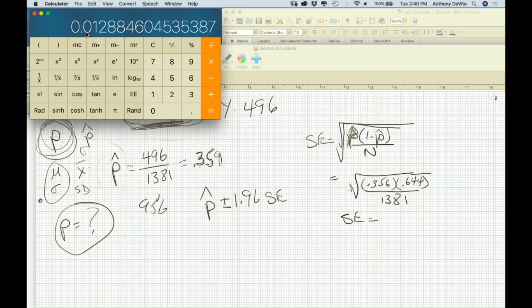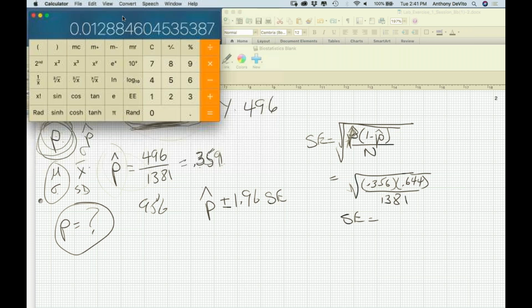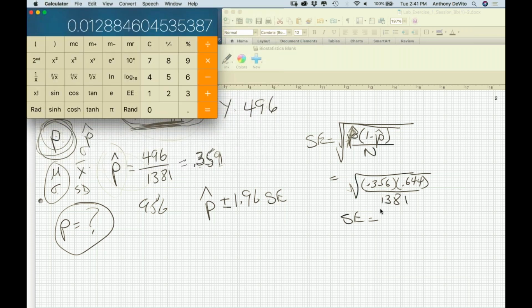So it's going to be 0.013. I'm going to call it 0.013. Now, I've been telling you not to, I'm doing this because I need to get through this quickly, but I might have said 0.0129, just to make sure I have an extra significant digit or two. So this standard error is going to be 0.01288.